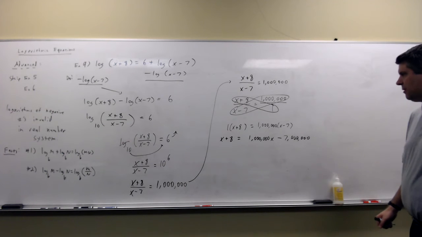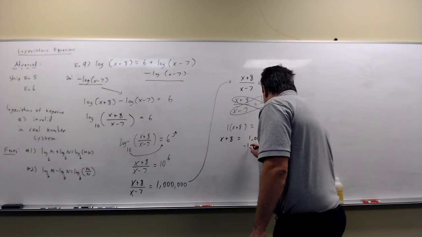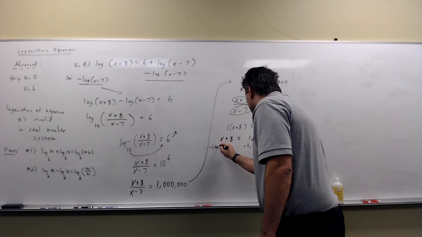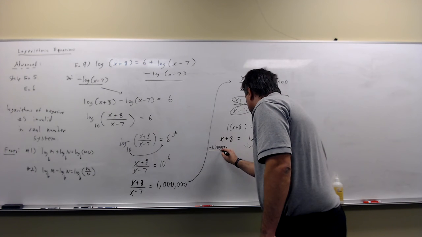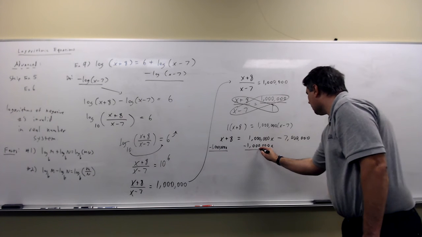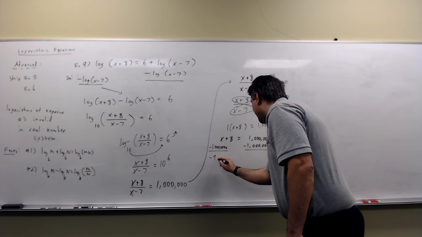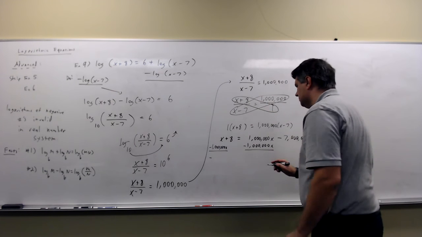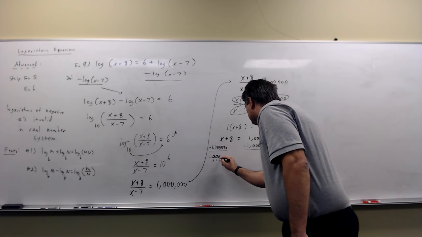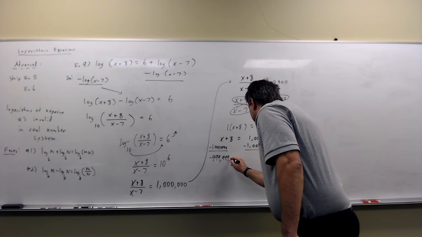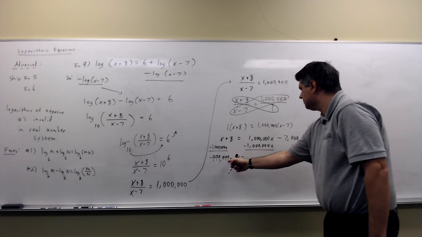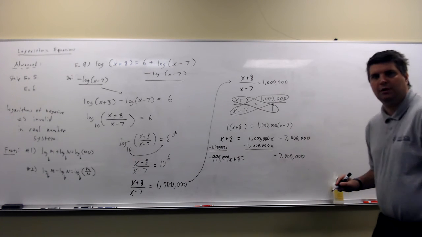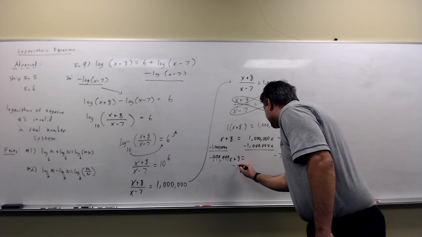All right, I've got x's on both sides. I don't like that. So I'll end up with negative 999,999x plus 8 equals negative 7 million. Next I'll subtract the 8.